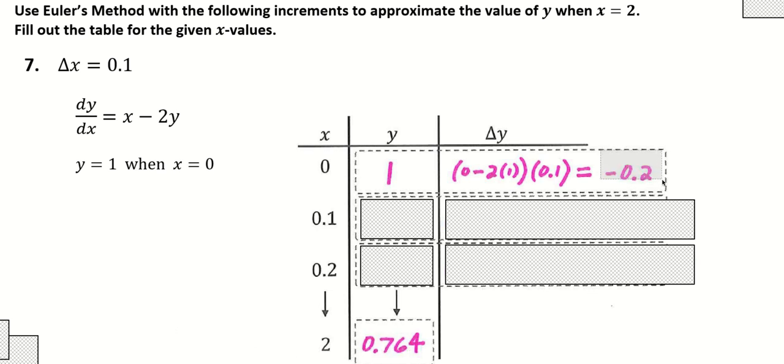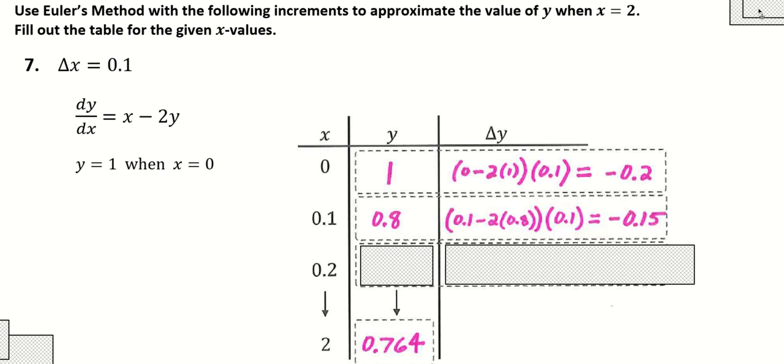Another reminder, this is not your new y coordinate, it's your change in y. Just don't fall asleep at the wheel and act like this is your new y value. It's your change in y, which goes from 1 to 0.8.